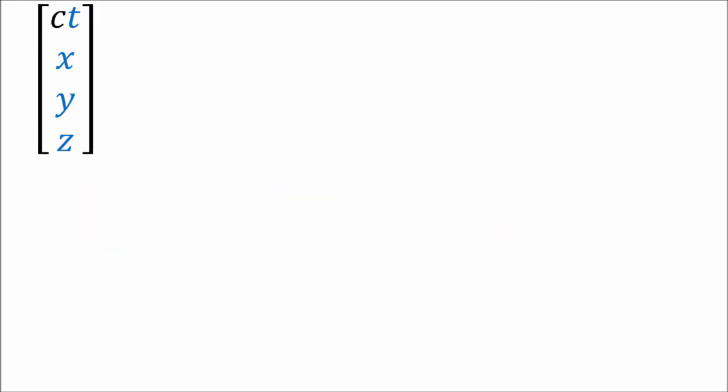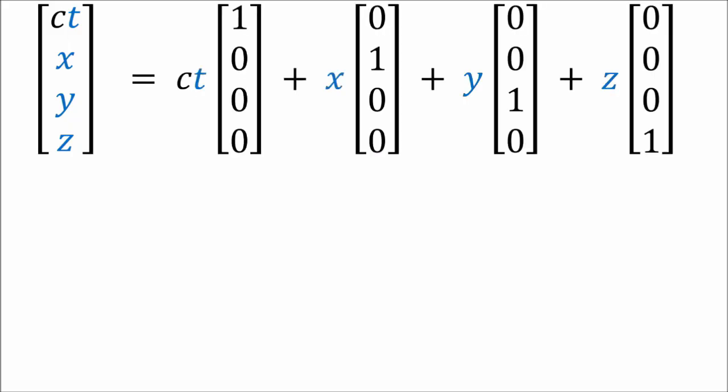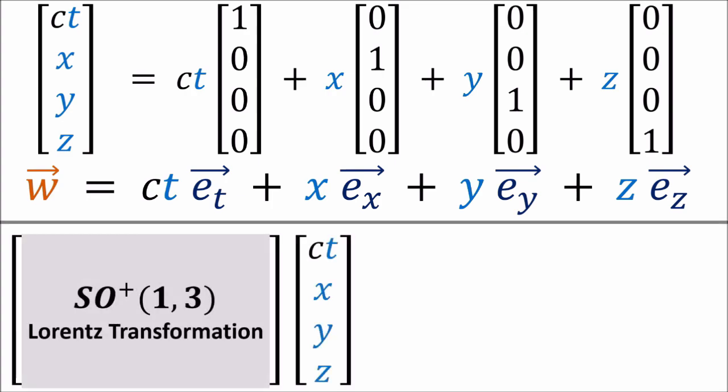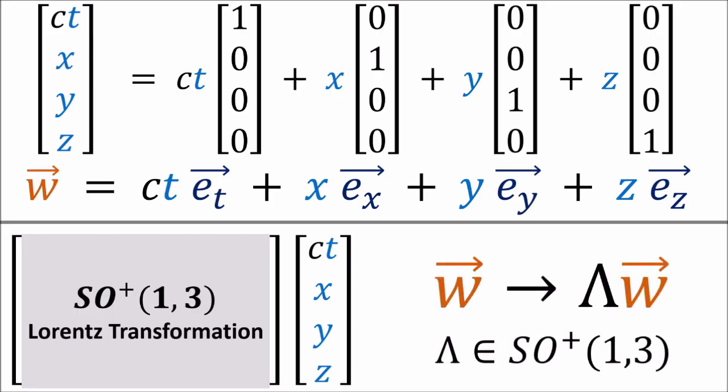You're probably used to writing spacetime vectors as 4-component column vectors like this. These column vectors can be rotated and boosted using Lorentz group matrices applied from the left, often denoted as a capital lambda. However, this is just one representation for spacetime vectors.